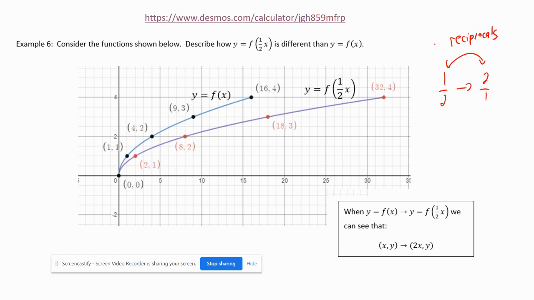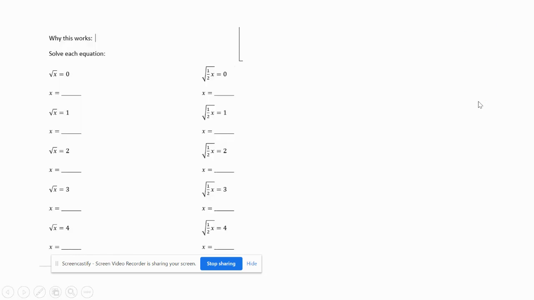So the stretch factor, which is 2, since I've doubled my x values from here to here, is going to be the reciprocal of this b value, and that's how we do these. Quick overview, very similar to what we did in the last one.